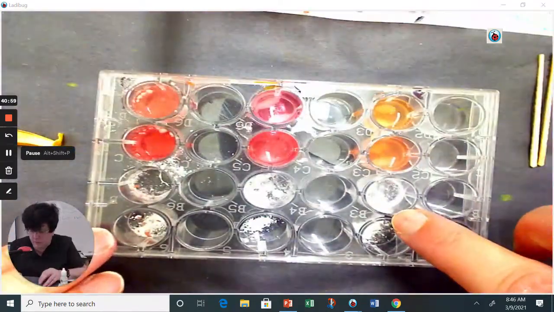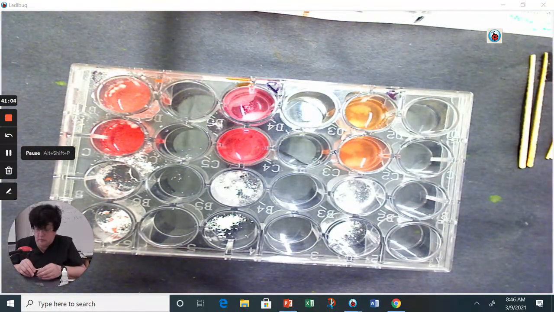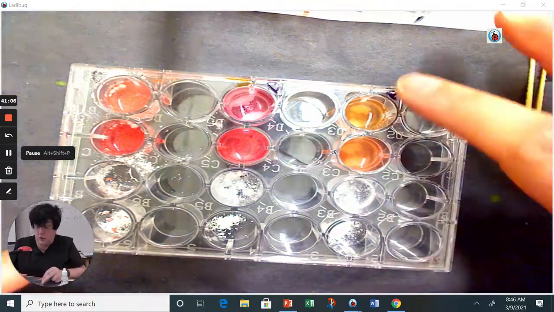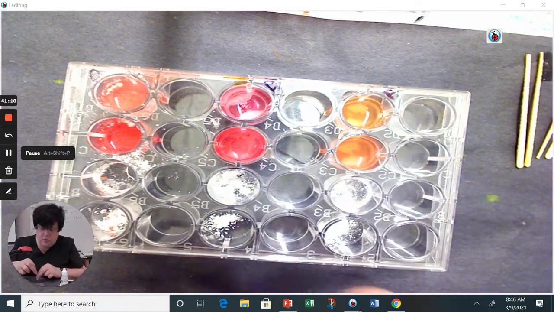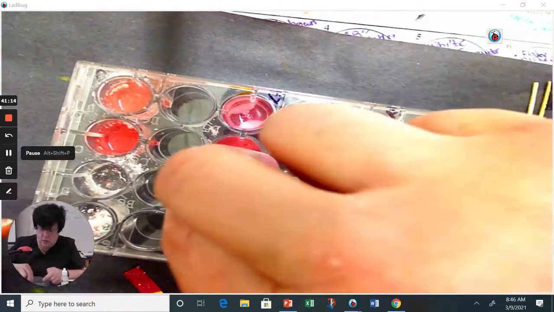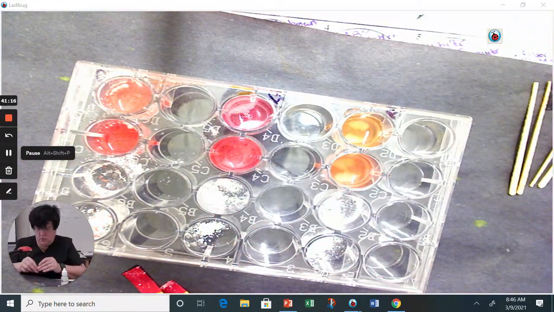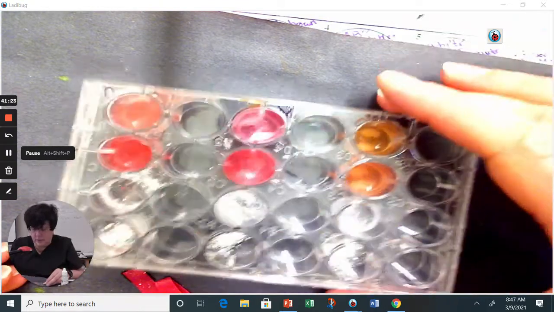This one's bubbling. F looks like it's bubbling. So if you're recording unknown F, that's a bubble right here. Okay, pH is 1. 1. Also 1. I'm going to let them sit a little bit.